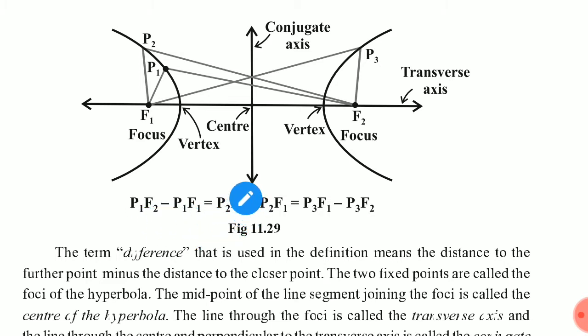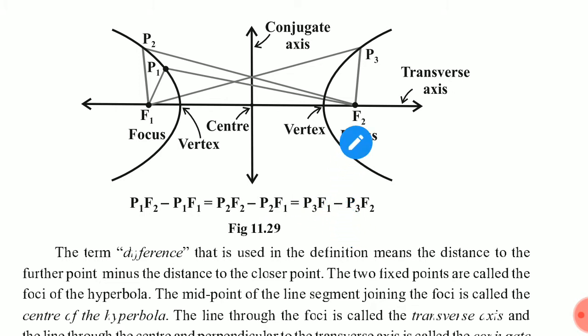Similarly for another point, suppose P2. The difference is P2F2 minus P2F1. So these differences are always constant. This is the definition of hyperbola. According to the definition of hyperbola, this difference is always constant.